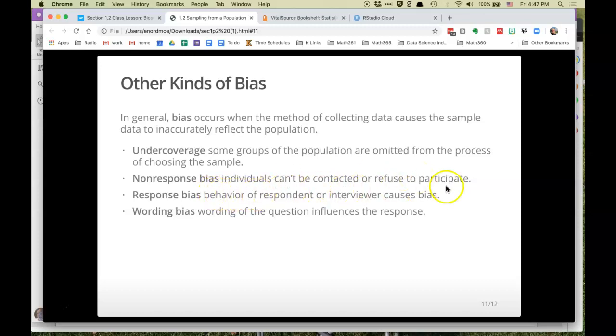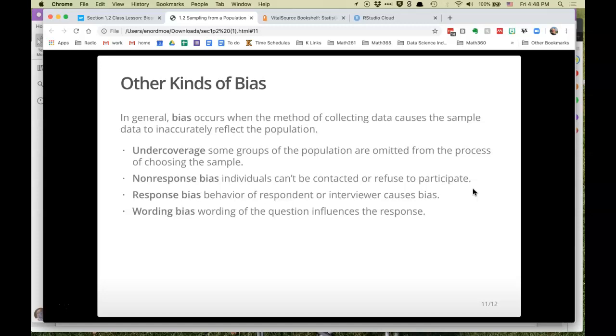Response bias is different, and that's easiest to think about when we're thinking about perhaps a survey where we're trying to get attitudes. Could be a public health survey, and so the behavior of the respondent or the interviewer causes bias. So it could go either way.